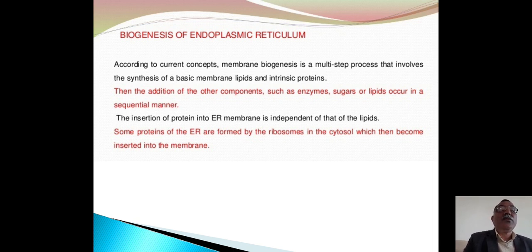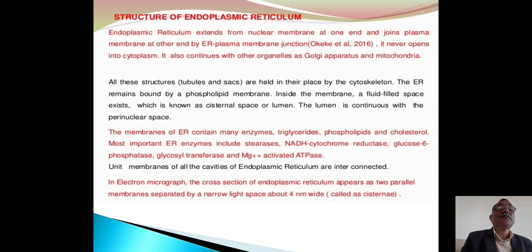The insertion of protein into endoplasmic reticulum is independent of that of the lipids. Some proteins of the endoplasmic reticulum are formed by the ribosomes in the cytosol, which then become inserted into the membrane. Now we come to the structure of the endoplasmic reticulum.